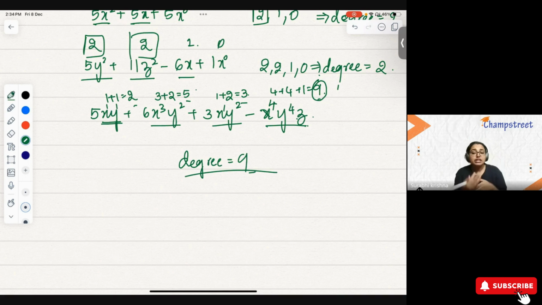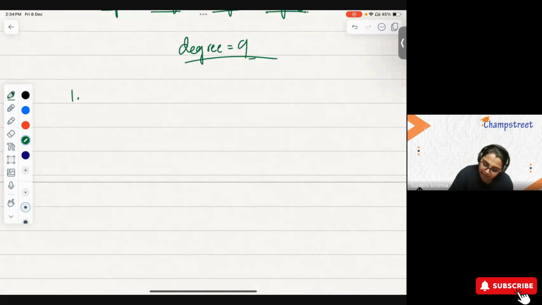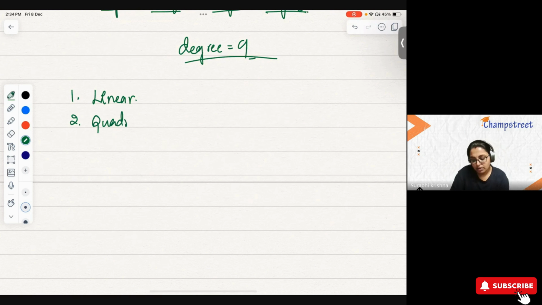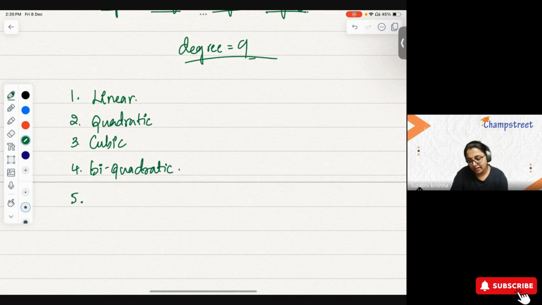Based on the degree of the polynomial, we have another set of classification, namely linear polynomial, quadratic polynomial, cubic, biquadratic, and in general nth.